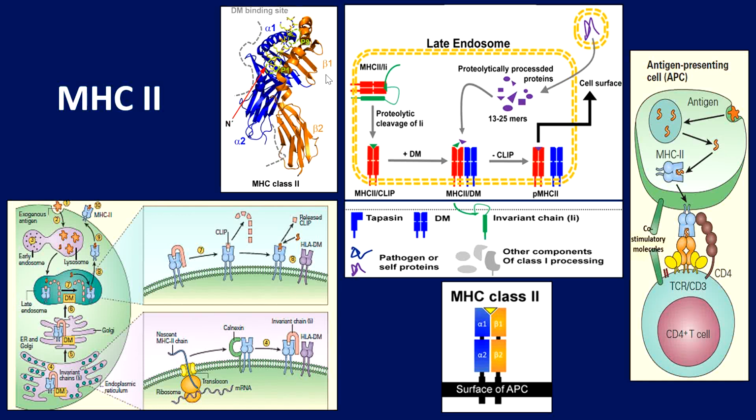You can see from the figure that after the processing of these antigens, the MHC class II molecules are bound to these processed antigens via the exogenous pathway. This bound MHC antigen complex is then expressed on the surface of the antigen presenting cells, and interacts with the T cell receptors expressed on the surface of CD4 positive T cells, and after the interaction they stimulate these CD4 positive T cells.